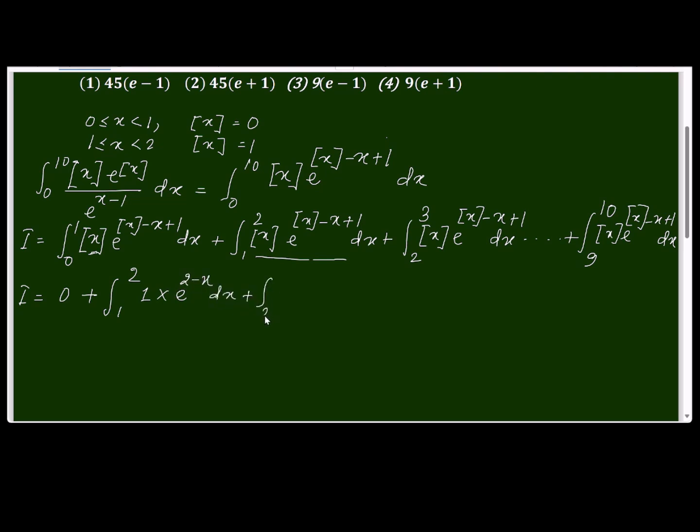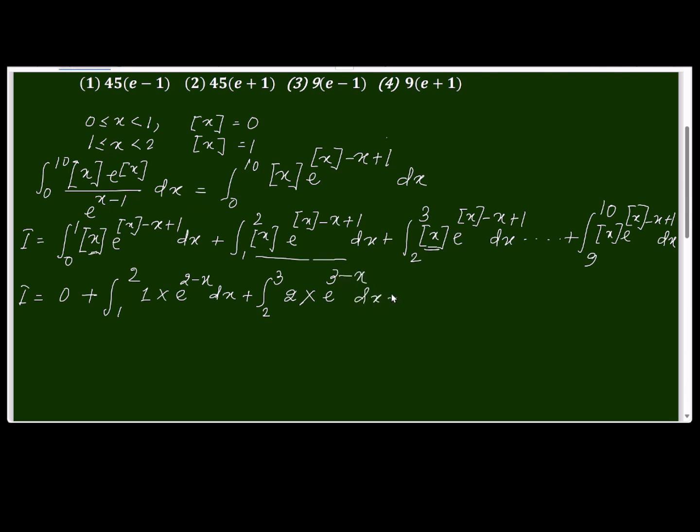Now please observe your third term. When we are writing 2 to 3, this will take the value of 2, multiplied by e to the power 2 plus 1, that is 3 minus x, dx.